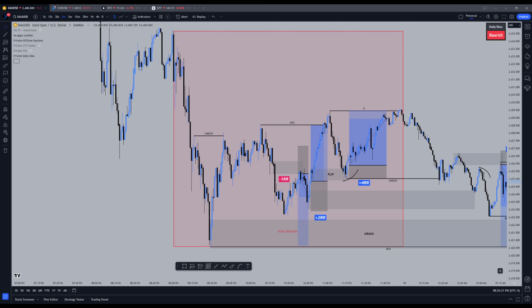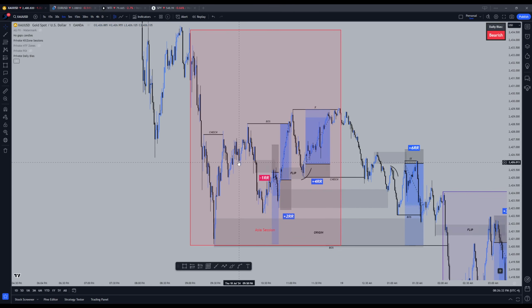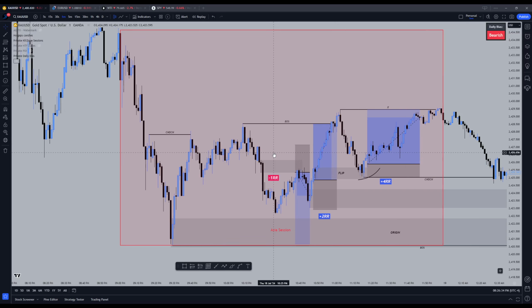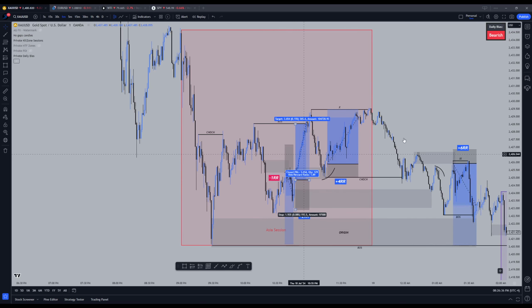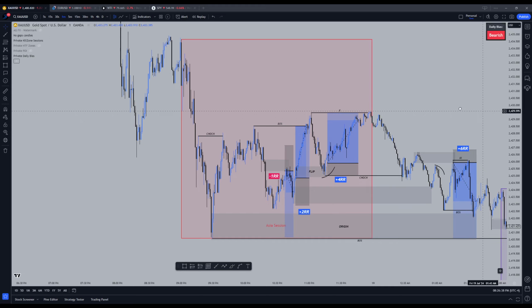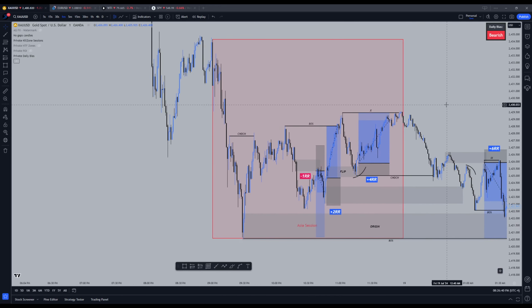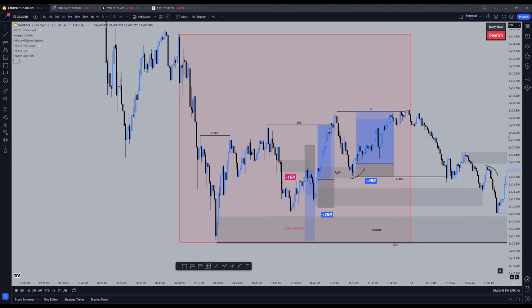And then of course, last but not least, if you have a change in structure, you can enter off some fair value gap or OB as well. That's the last one. But combining reactions of the market with anticipation, we can create an even stronger edge, meaning an even higher win rate than before. That's essentially all it is, right?